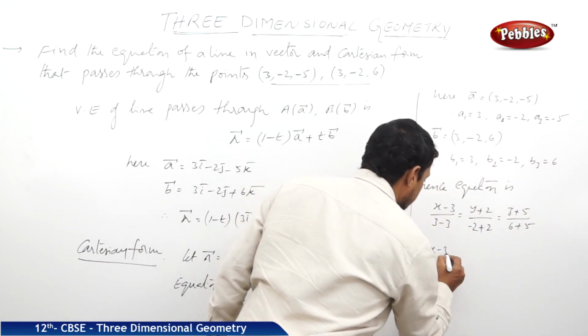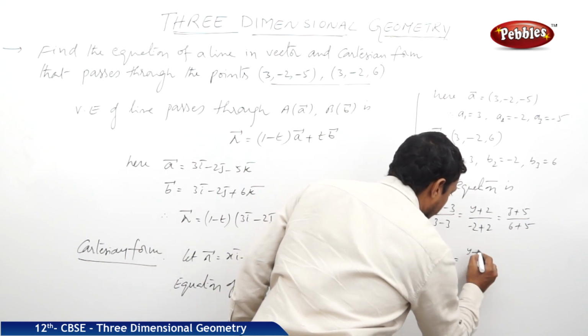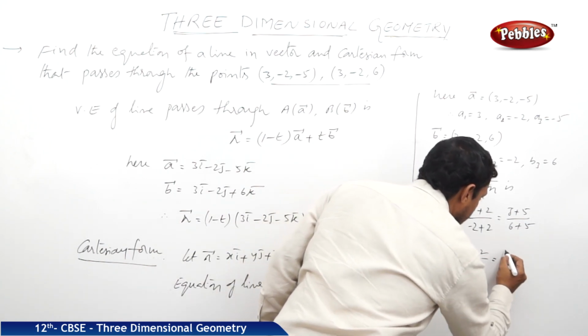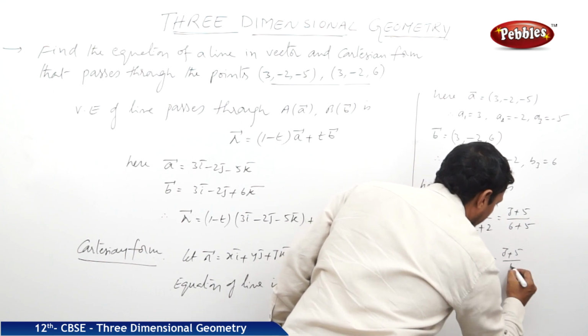Therefore, x minus 3 by 0 is y plus 2 by 0 is equal to z plus 5 by 11.